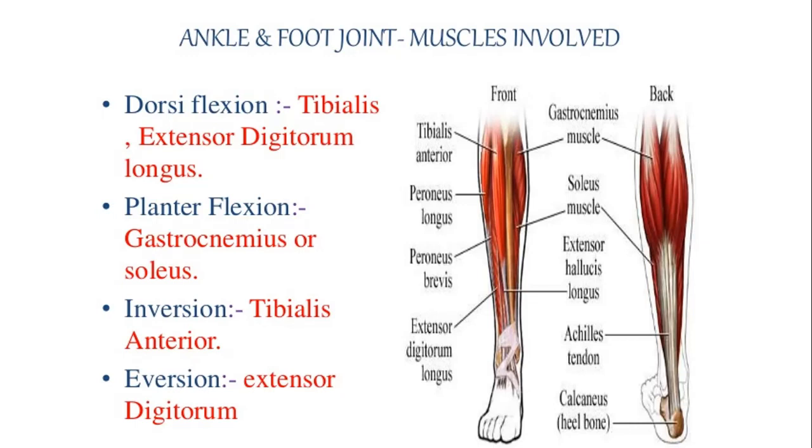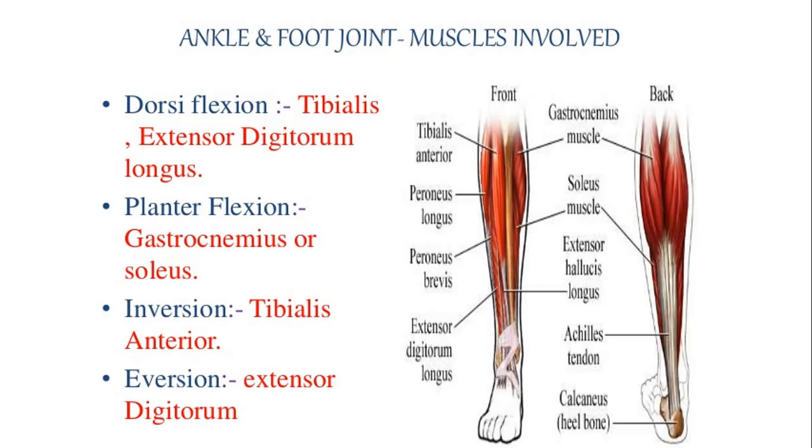Ankle and foot joints, muscles involved in dorsiflexion. The muscles will be on the anterior side: tibialis anterior, extensor digitorum longus. Plantar flexion: gastrocnemius, soleus, and the other muscles which are passing behind the medial malleolus. We will see that.